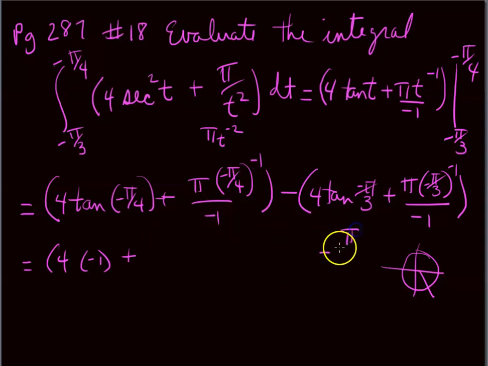It's now pi over, remember this exponent doesn't change that, so this is a negative pi, and if you have a negative pi over 4 in the denominator, these negatives do cancel, and the pi's cancel, and you just get 4 because you invert and multiply.